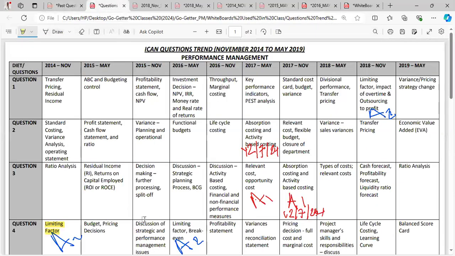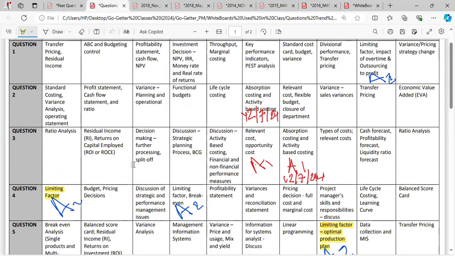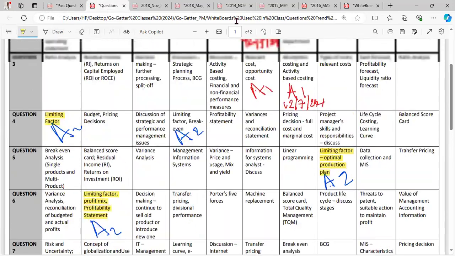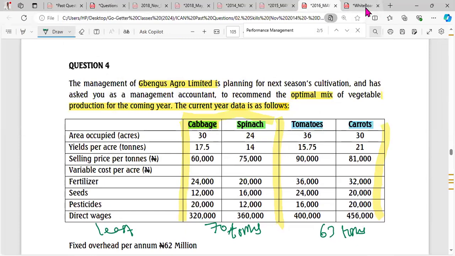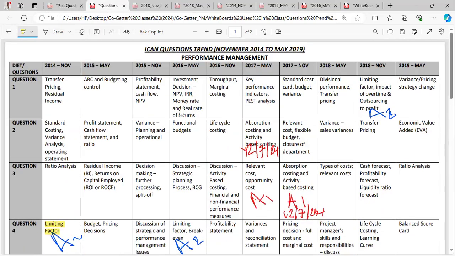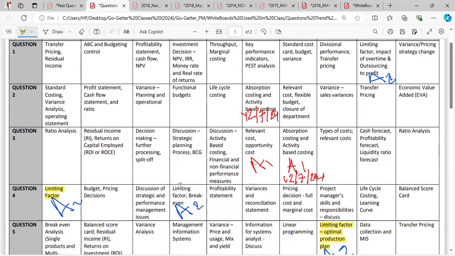So what have we done? This is the May 2016 question 4.